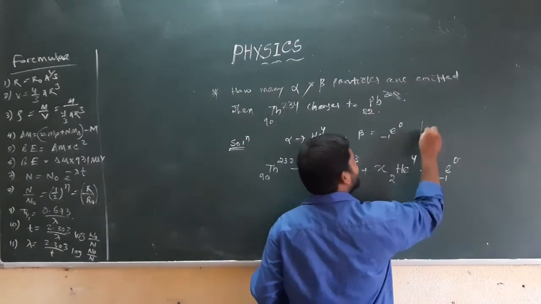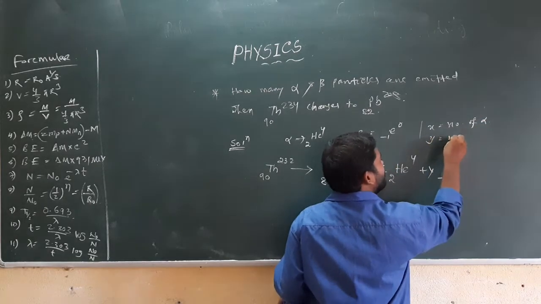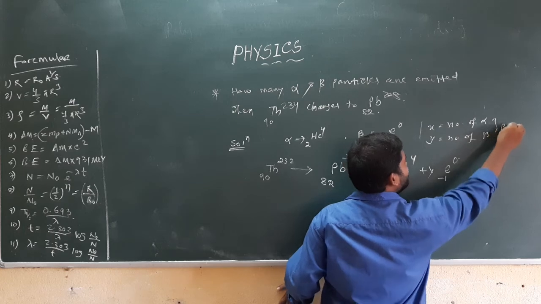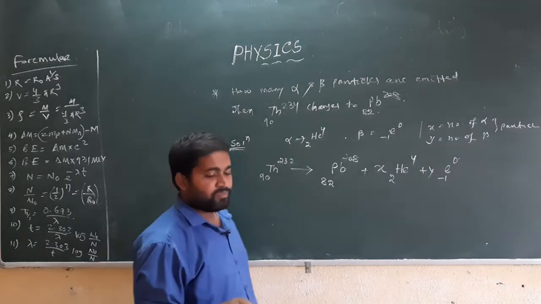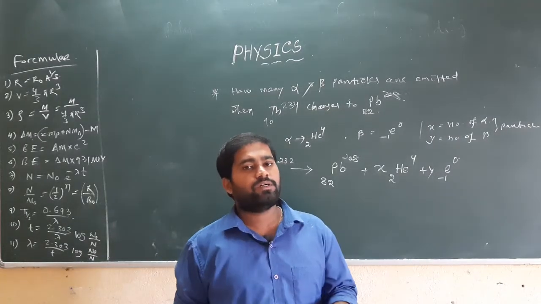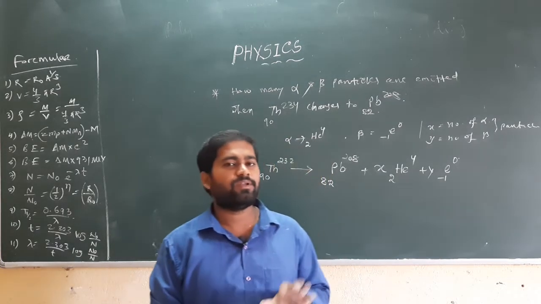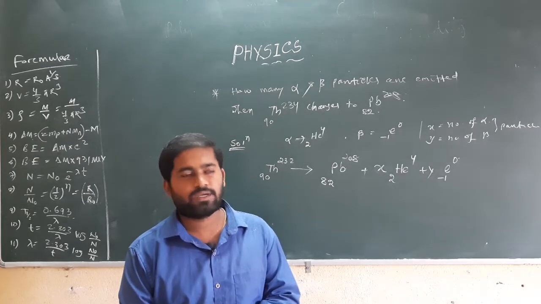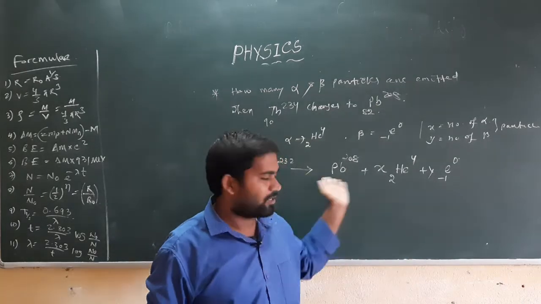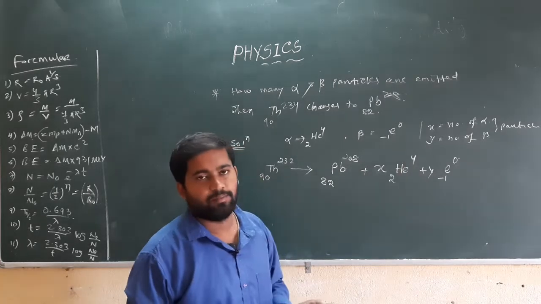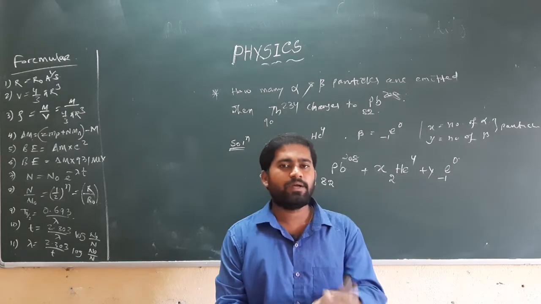So x equals the number of alpha, y equals the number of beta. Any nuclear disintegration or nuclear reaction always obeys the conservation laws, like conservation of atomic number and conservation of mass number. So by using these two conservation laws we can calculate the number of alpha and number of beta.